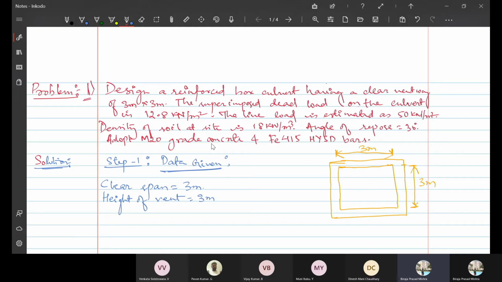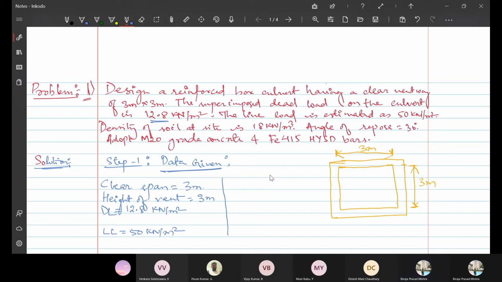And in the question, it is given that the dead load, DL, equals 12.8 kilonewton per meter square. Next one, live load, LL, equals 50 kilonewton per meter square.